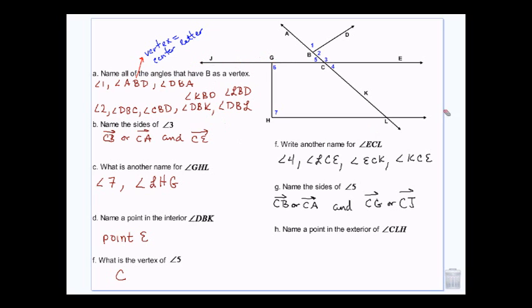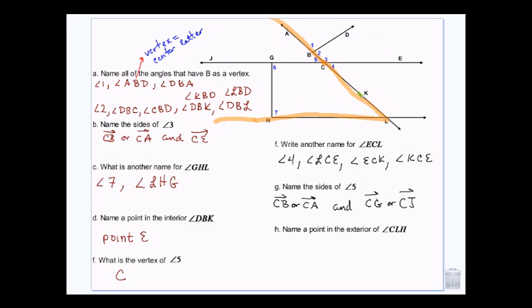Okay. And finally, we want to name a point in the exterior of CLH. Now, if I extend this, it would go forever and ever that way. These points are on the interior. These points are on the exterior.